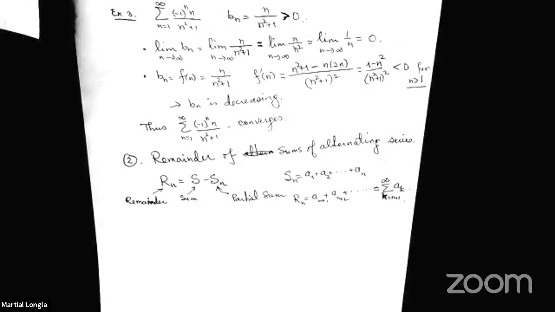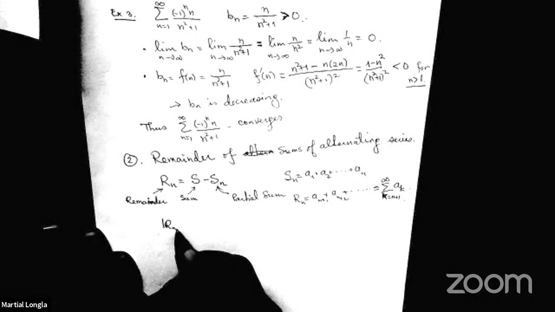For the integral test, we had a way to put a bound on the remainder, which was the integral from n to infinity of f of x dx. That was the upper bound on the remainder. For alternating series, it's going to be a lot easier than this.